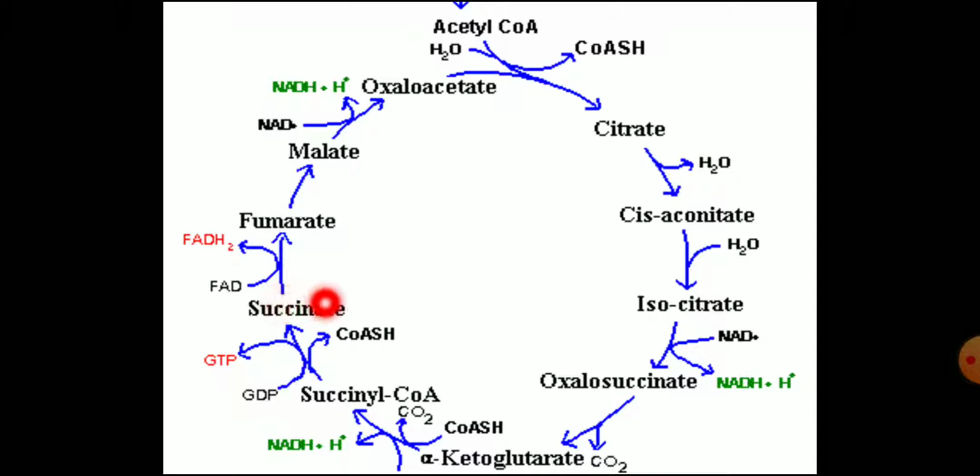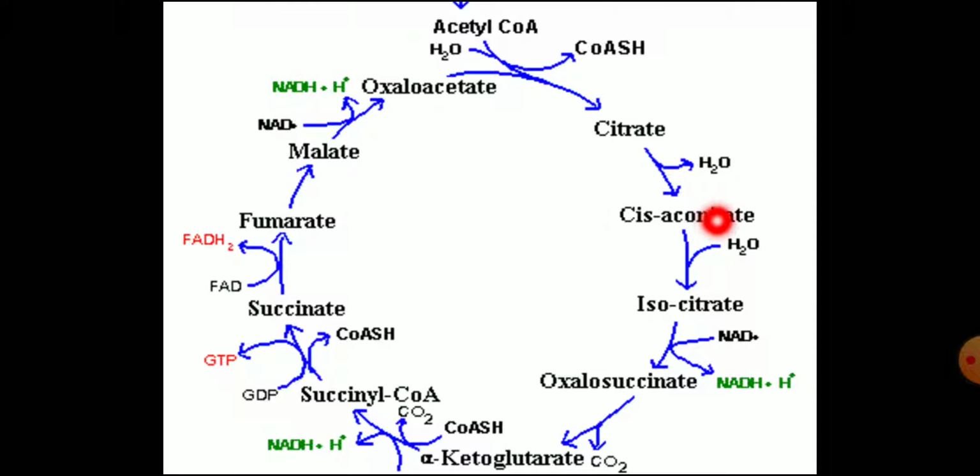Then succinate is converted to fumarate by the succinate dehydrogenase enzyme, where FAD is used and FADH2 is produced. Then fumarate is hydrolyzed to malate by the fumarase enzyme, and finally malate is oxidized to oxaloacetate by NAD, malate dehydrogenase being the enzyme, and again NADH plus H plus is produced.